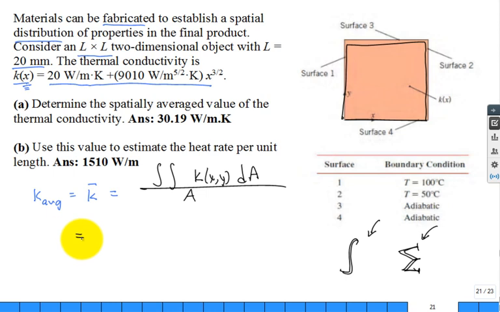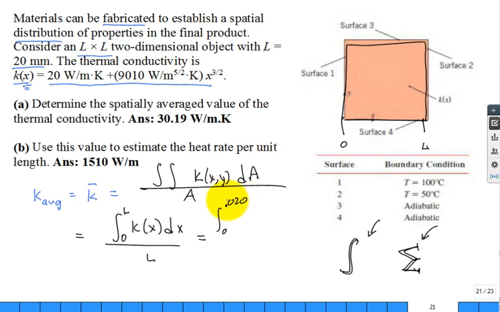Well, if it's only a function of x, then this can just turn into a line integral, and I'll divide by L. No, not dl, dx, and it goes from 0 to L. We start the origin at 0, and we go to L. So you're going to integrate from 0 to 0.020, isn't that our value of L, of K. K is going to be 20 plus 9010 x to the 3 halves, dx, divided by 0.020. That'll give us the average value.